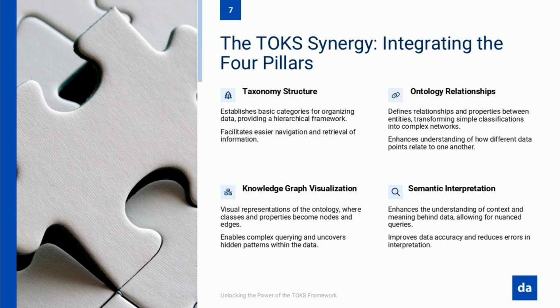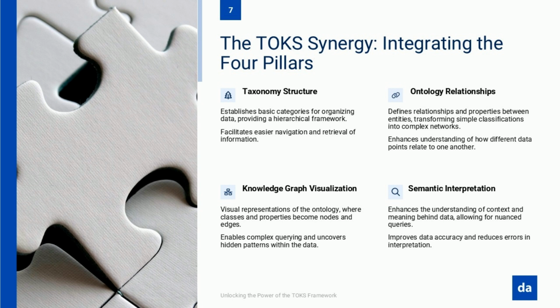To illustrate how these pillars work together in practice, consider a real-world example from the pharmaceutical industry. A drug discovery project might start by creating a taxonomy of chemical compounds, biological targets, and disease states. This taxonomy would then be expanded into an ontology, defining relationships such as "compound interacts with target" or "target is associated with disease."